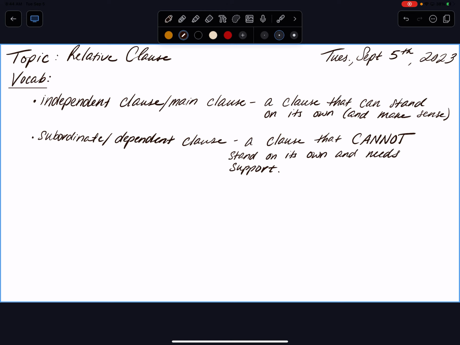Okay, another term that you're going to need to get comfortable with is the term relative clause.